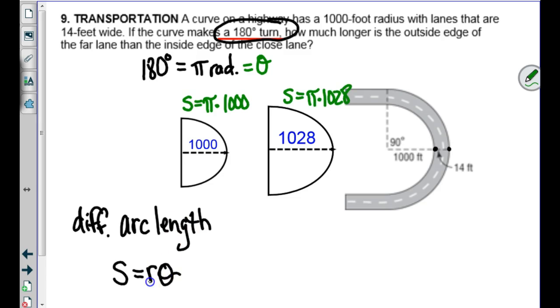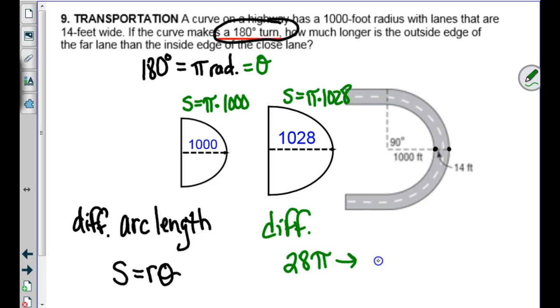I did that backwards. I did theta r instead of r theta, sorry. And then we want to know how much longer it is. So what do we want to do? Subtract the difference, which would be, anybody? 1028 pi minus 1,000 pi would be a difference of 28 pi, or anybody got an answer for me?